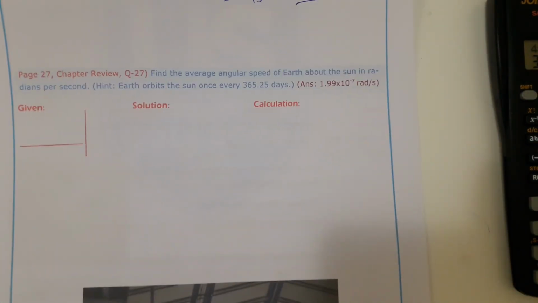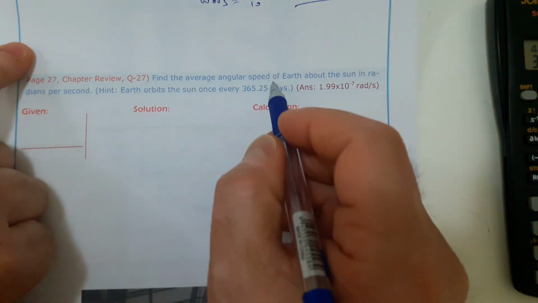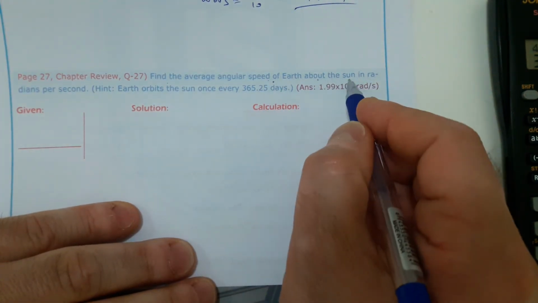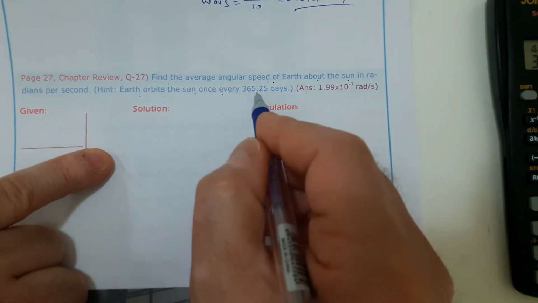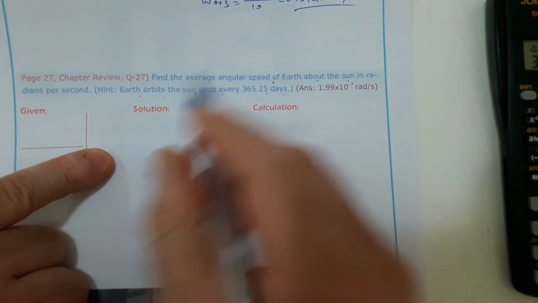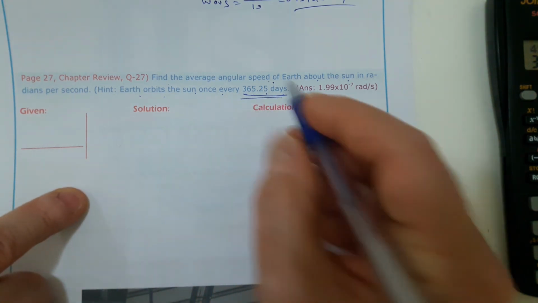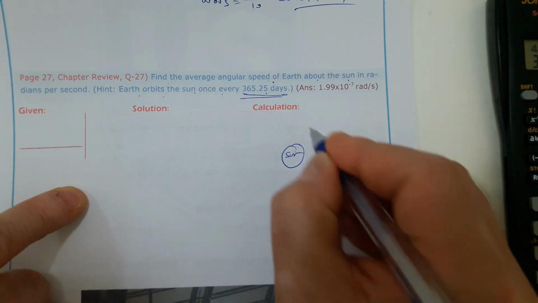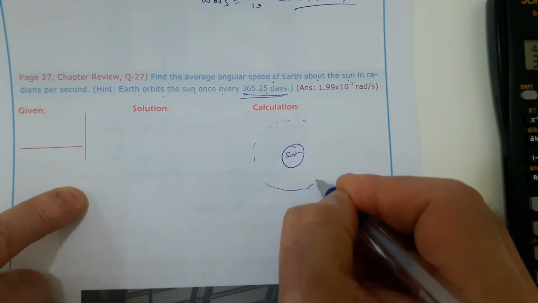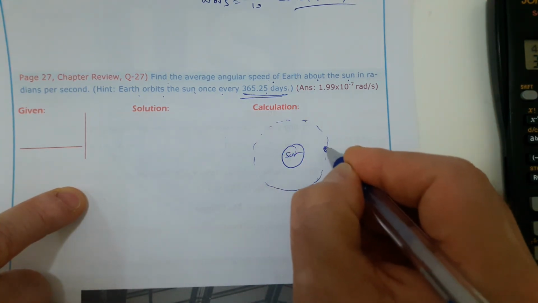One more question. Find the average angular speed of Earth about the Sun in radian per second. Hint: Earth orbits the Sun every 365.25 days. This is the Sun. Earth is moving on a circular path around the Sun.